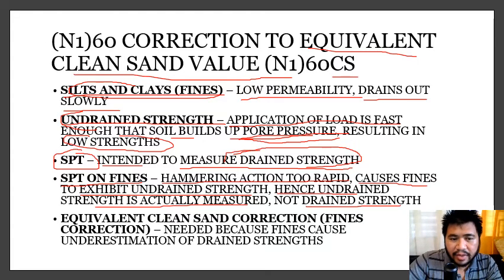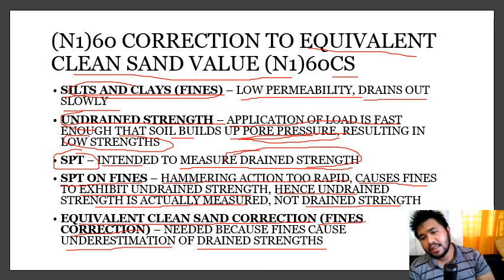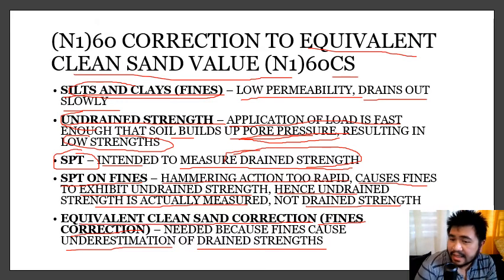Now, the workaround here is to convert your SPT measurements into what we call the equivalent clean sand correction, also called the fines correction. We need this because the fines cause underestimation of the drained strengths of your soil. It means if you have fines, the tendency is that your SPT values might be lower than what they should be.